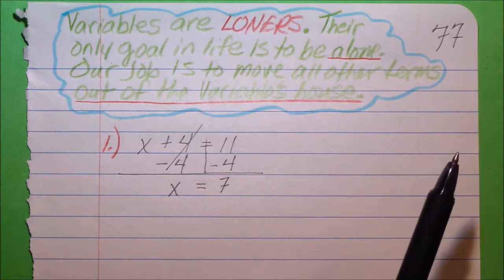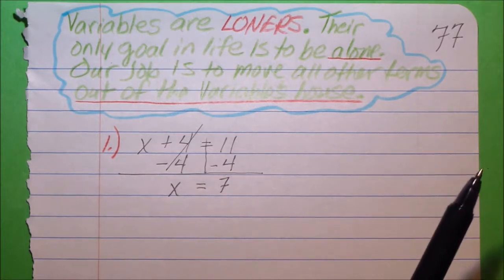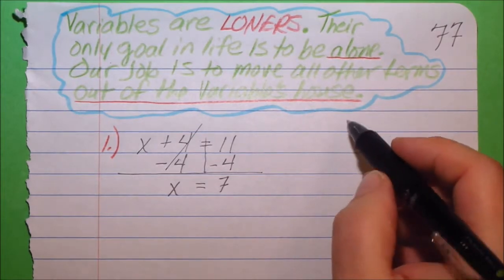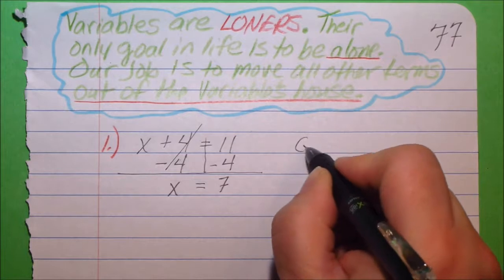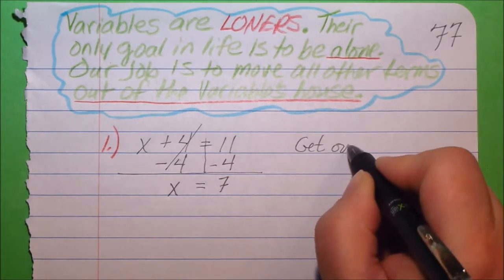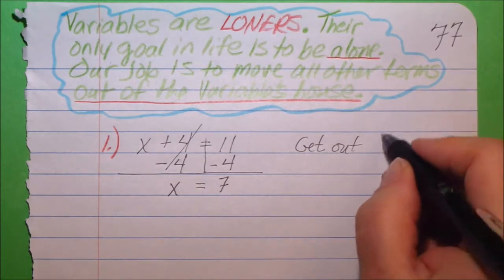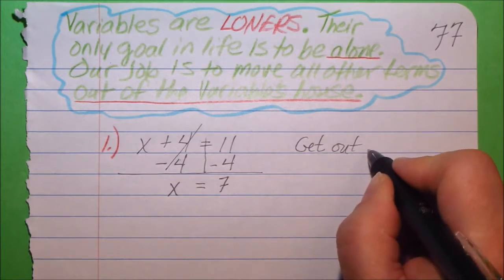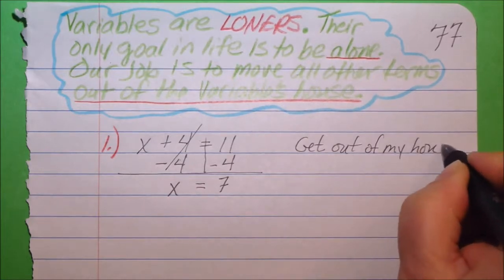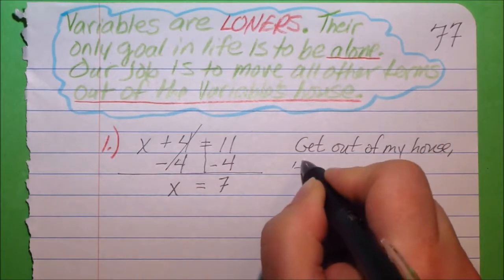All right. So let's finish our little story about our little loner variables here, and we'll circle it, and that'll give you an easy way to remember what the steps are. So what is X saying right here? He's saying, get out of my house, 4.